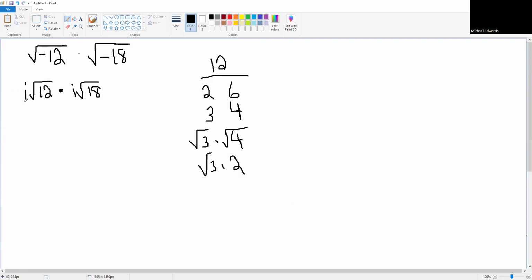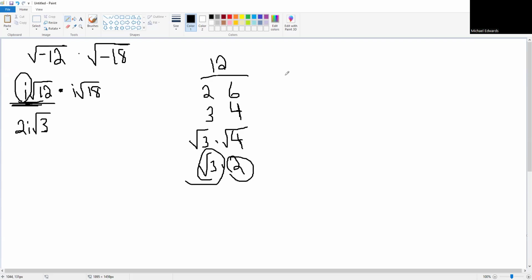So to rewrite this guy, you could say 2i square root of 3. The 2 here, the i here, and the square root of 3 here. That's how we simplified this right here.